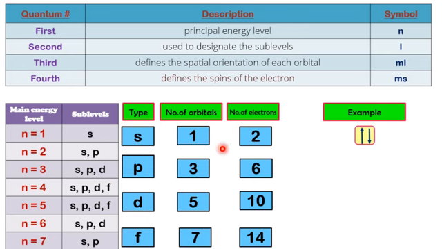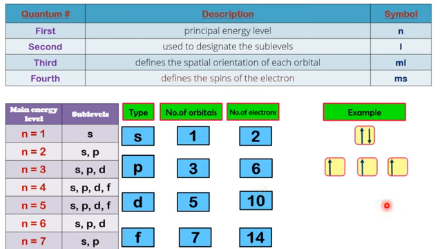So, like what I've said, in the s, there are only 2 electrons, a maximum of 2. So, in our drawing, we can only draw 2 electrons like this. How about in p? How many orbitals? There are 3. So, 1, 2, 3. So, we have 3 orbitals here, and we are now going to present the electrons.